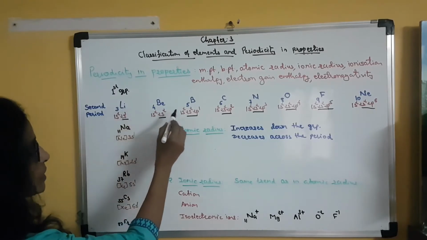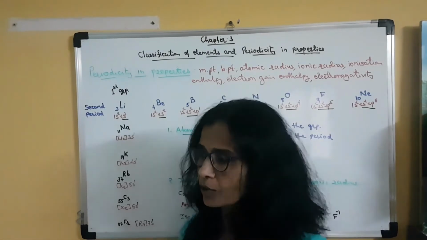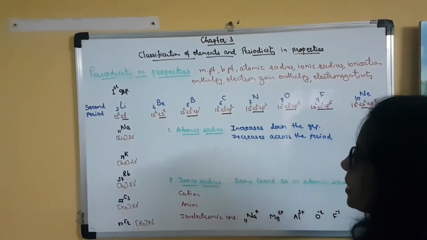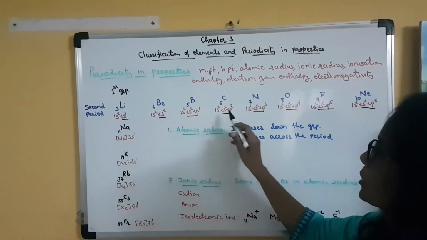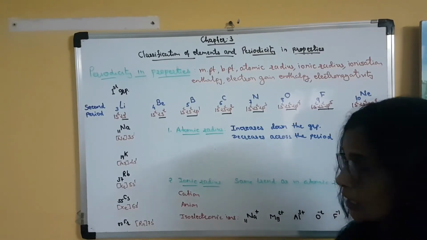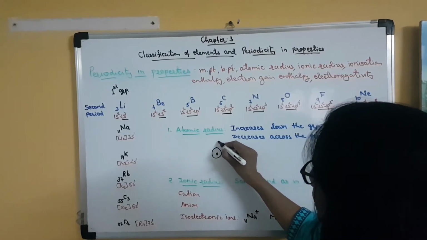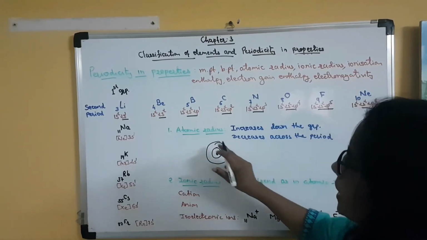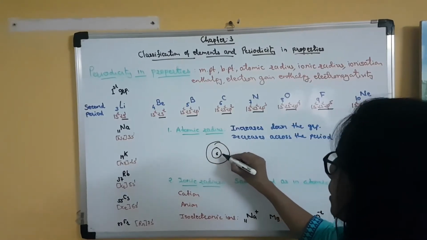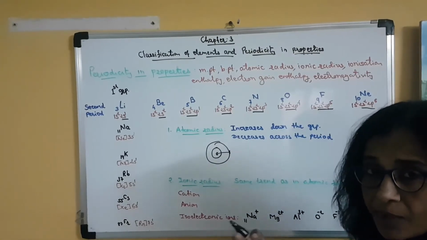So though there is an increase in the atomic number, an increase in the number of protons in the nucleus, and an increase in the number of electrons also, these electrons are added to the same outermost orbit, that is the second orbit. It means that if this is the nucleus, this is the first orbit and this is the second orbit, then in all the elements of the second period, the distance between the nucleus and the second orbit is not increasing, it remains the same.